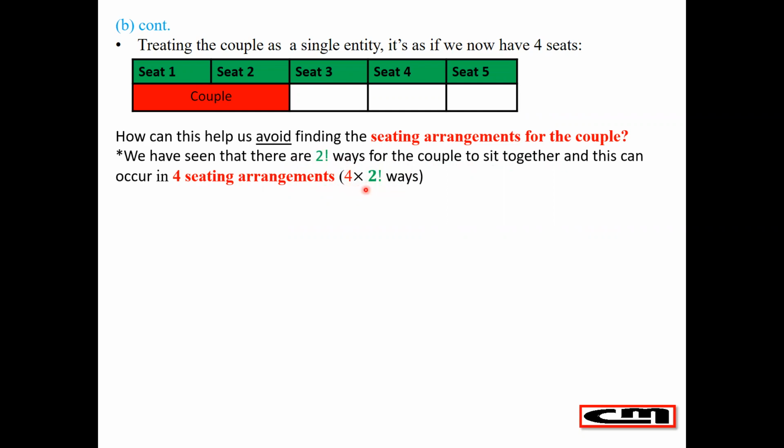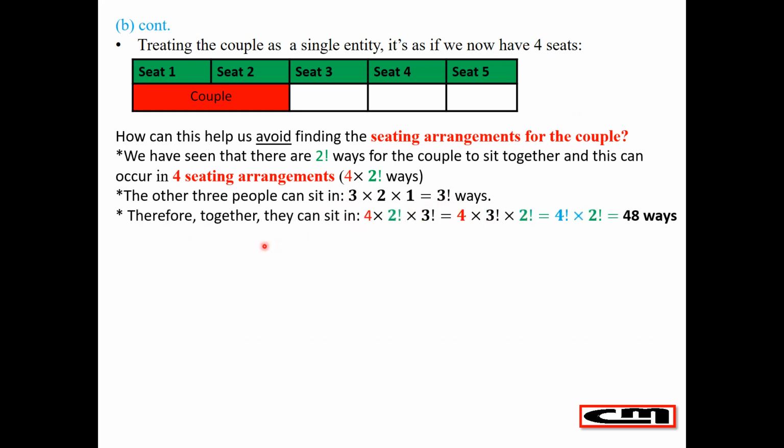So this gives us the total number of ways we can sit the couple. Also, the other 3 people can sit in 3 times 2 times 1, which is 3 factorial. We have seen that, right? Then together they can sit in 4 times 2 factorial for the couple times 3 factorial for the 3 people.